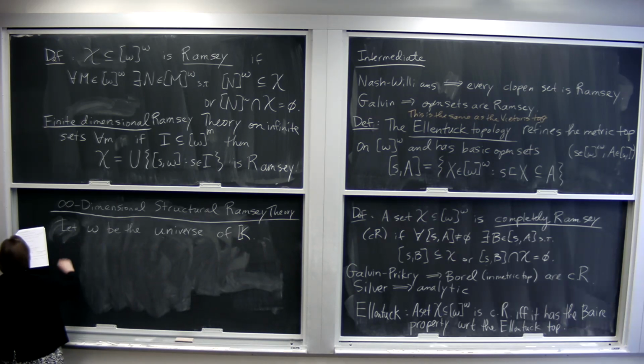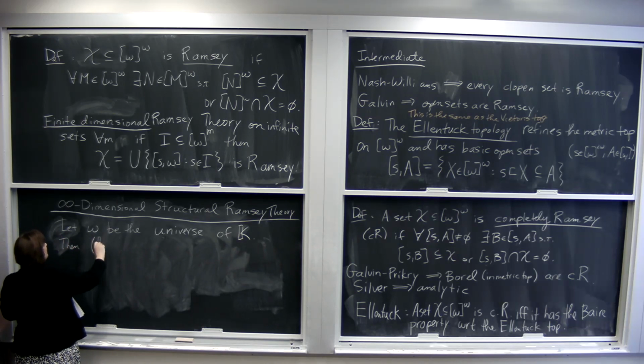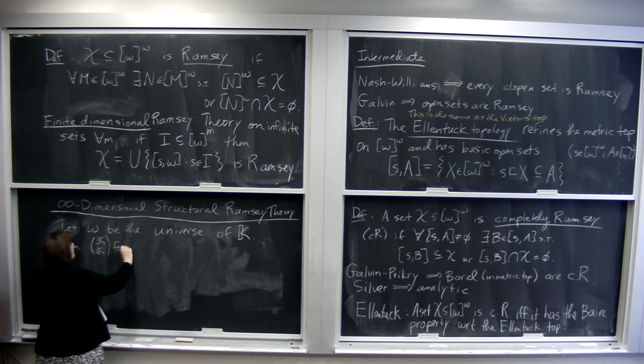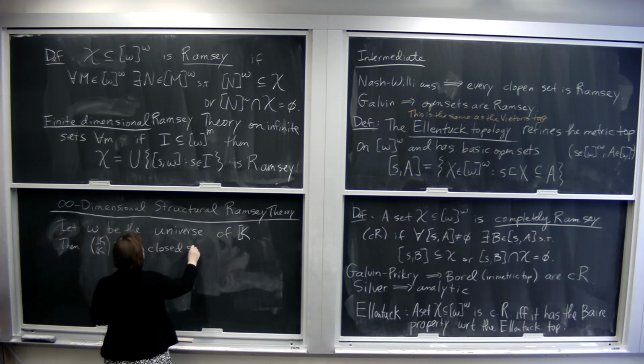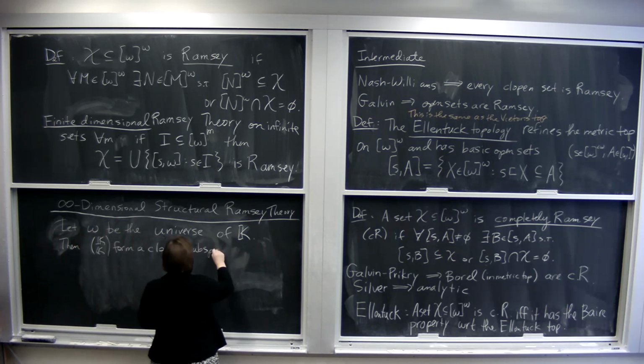So the copies of K inside of K form a closed subspace of the Baire space.